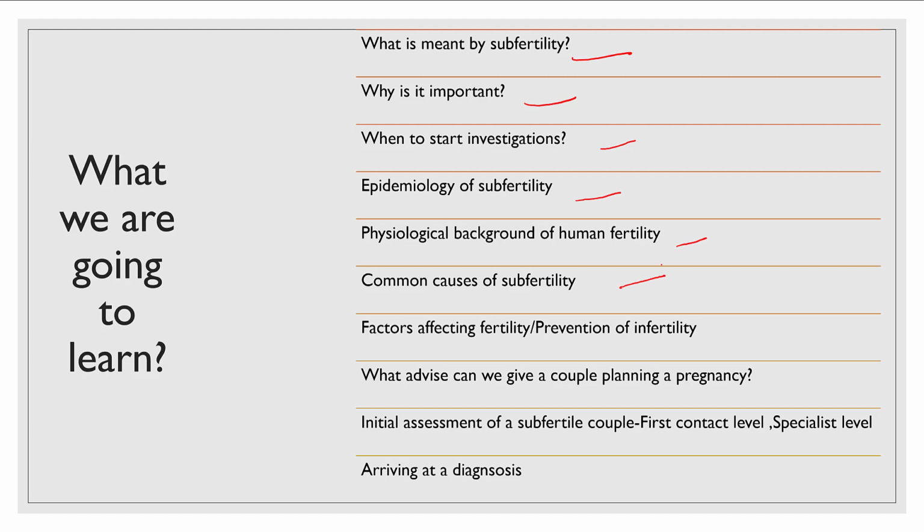Then we will have a brief look at the common causes and how we can prevent or identify factors which influence our fertility, what advice we can give, the initial assessment, history and examination, and then arriving at a working diagnosis or differential diagnosis based on our history and examination.